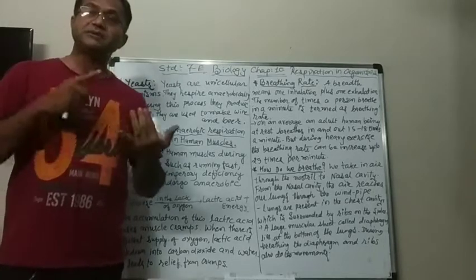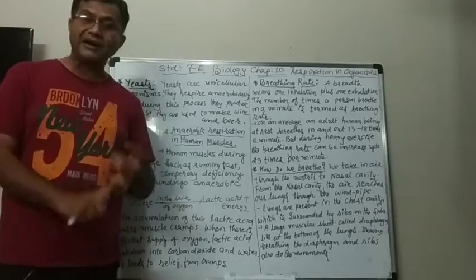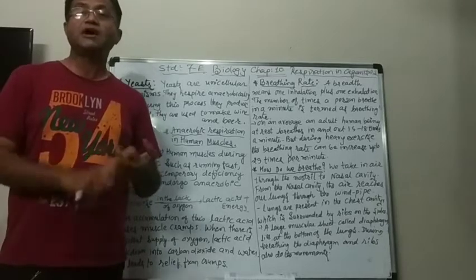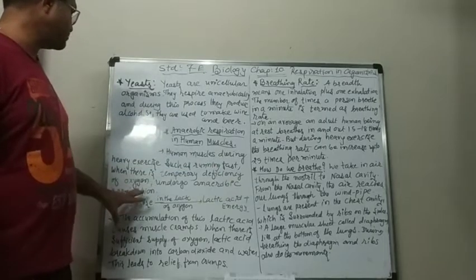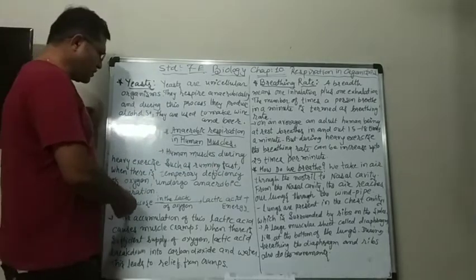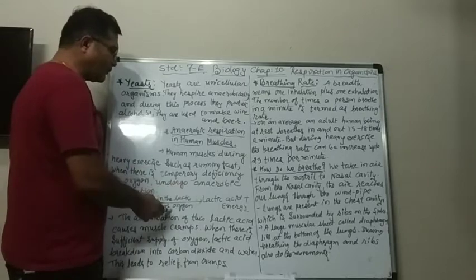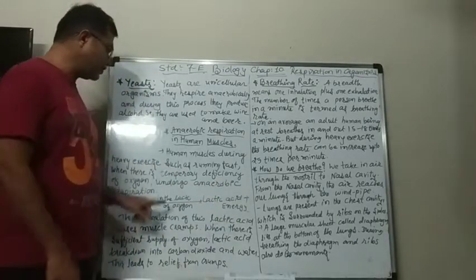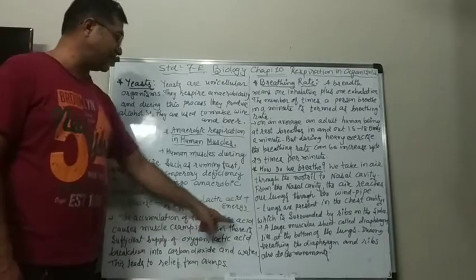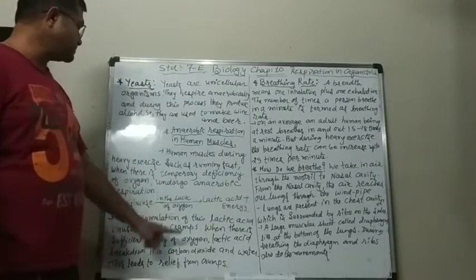So during this time, when there is a lack of oxygen, the muscle cells are doing anaerobic respiration. So that is the equation: glucose, in the lack of oxygen, produces lactic acid plus energy. And the accumulation of this lactic acid causes muscle cramps.